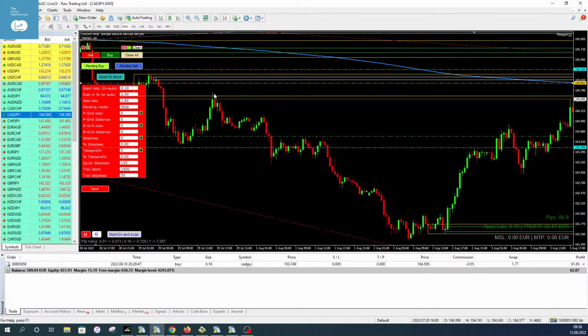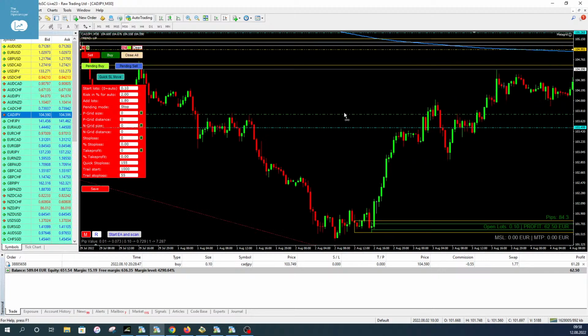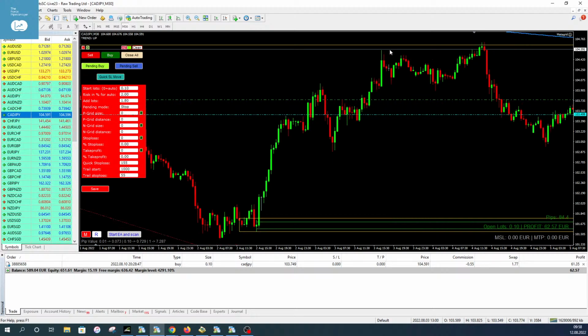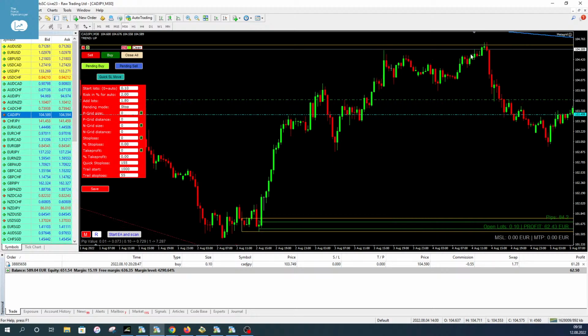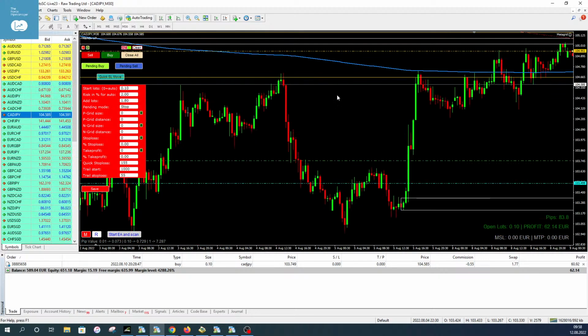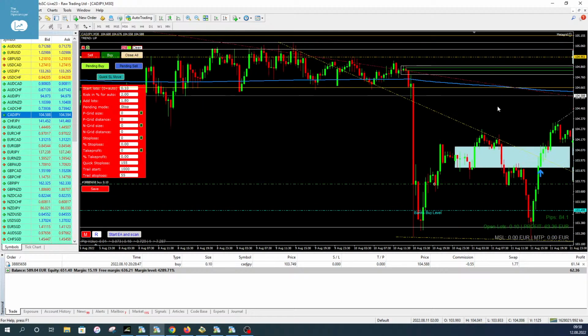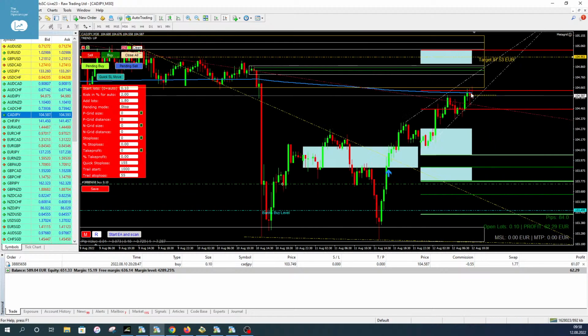Okay, this was the first test of the yellow box, and then it gave a much bigger drop here. This is the first time it was tested. You can almost say it's the second time, but let's say this is the second time it was tested and worked. For us as traders, it was the third time here, and now we have attempt number 4 that the buyers try to come through this supply zone in this case.